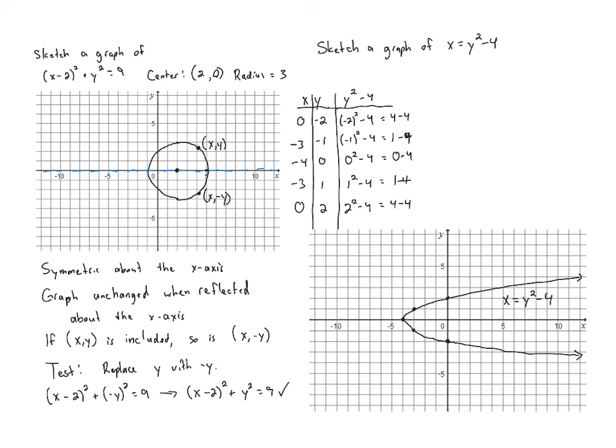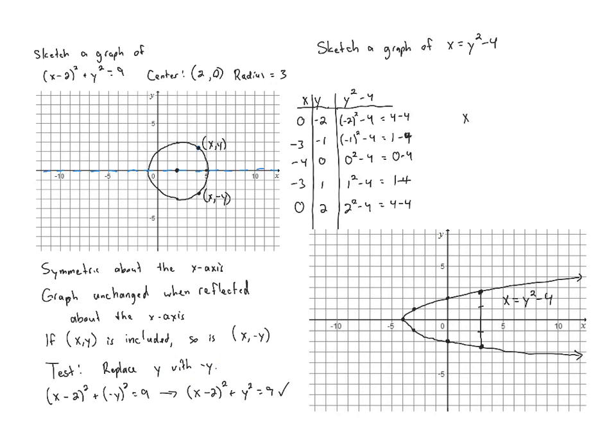Now, we can see just by looking at this graph, it looks like we have symmetry about the x-axis, because every point up here has a corresponding point down there, and they are equidistant from the x-axis. But if we want to test this, the test says that we replace y with -y.